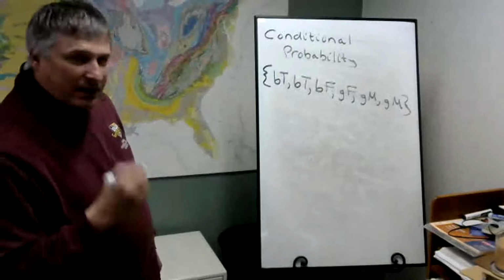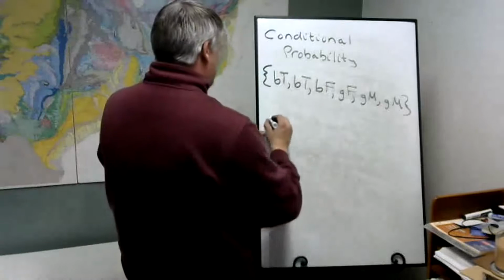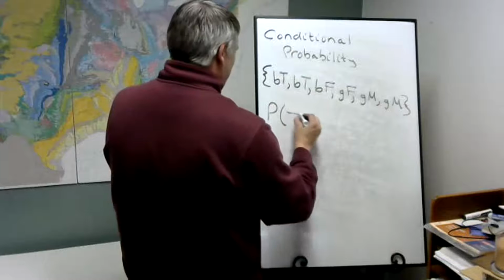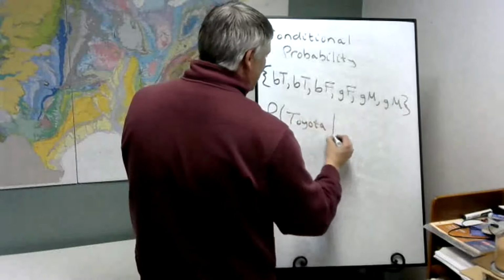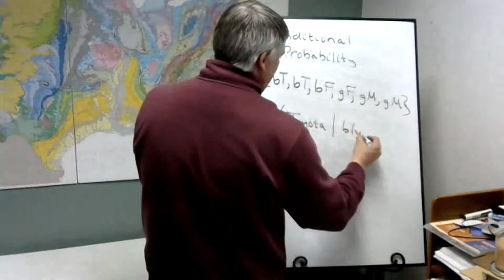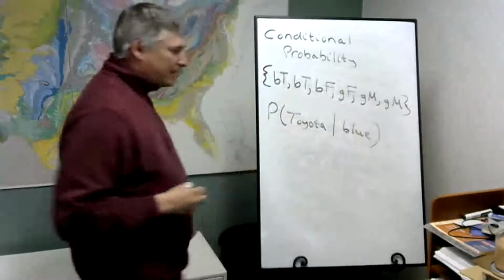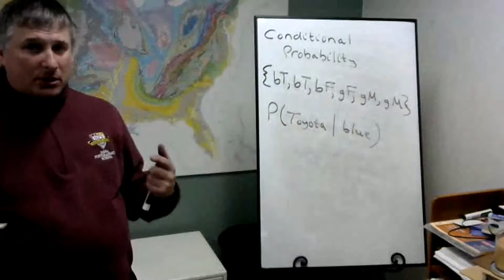So we might say something like this. What's the probability of the event you get a Toyota given we reduce our sample space to just blue cars?